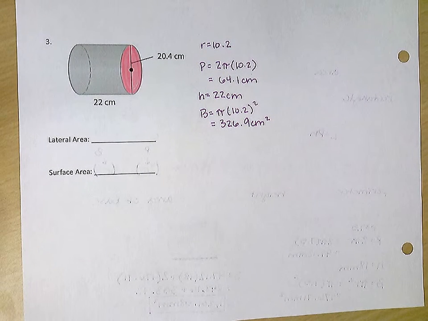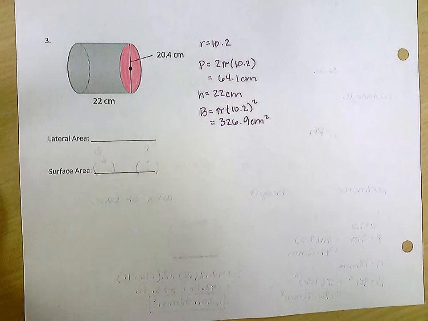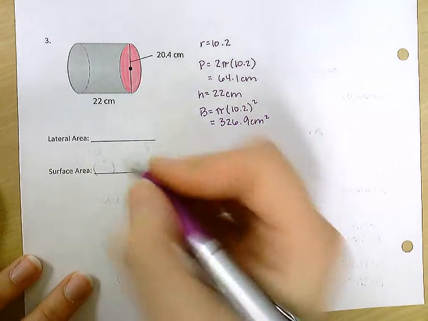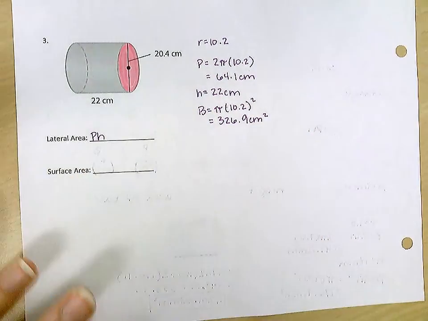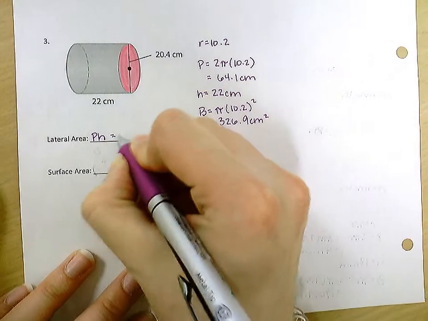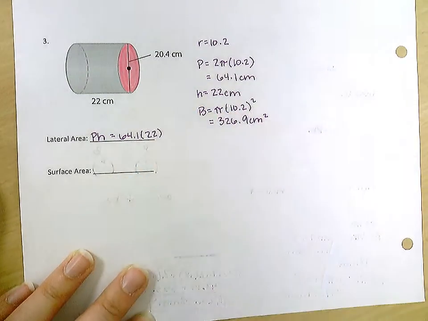So from here, I'm going to find the lateral area and surface area. So I have P times H for lateral area. So the perimeter is 64.1 times the height is 22.